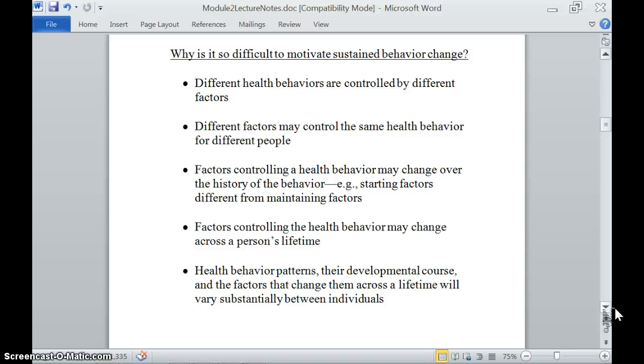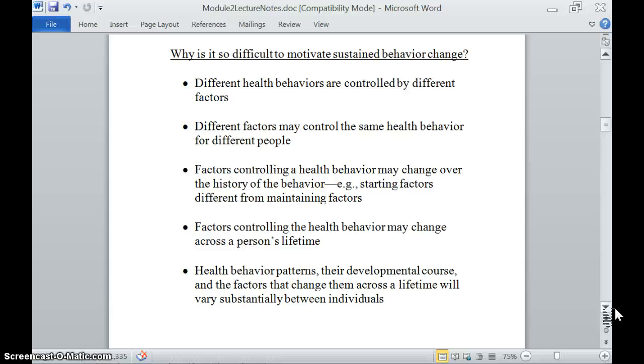So for the same person, me or you, different factors may determine my exercise behavior as compared to my eating behavior. And by different factors, I mean social, psychological, emotional, environmental, right? Getting into more of that holistic psychosocial perspective, right? So just think about, for the same person, different health behaviors are influenced by different factors.